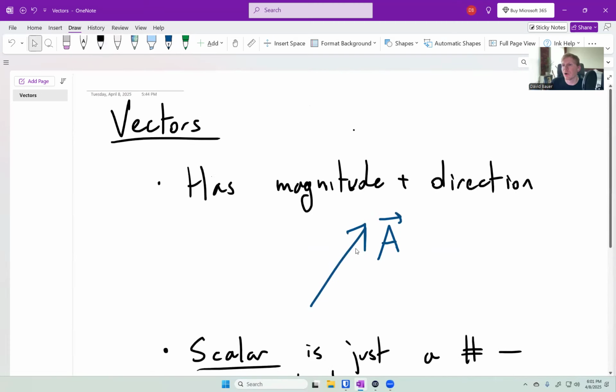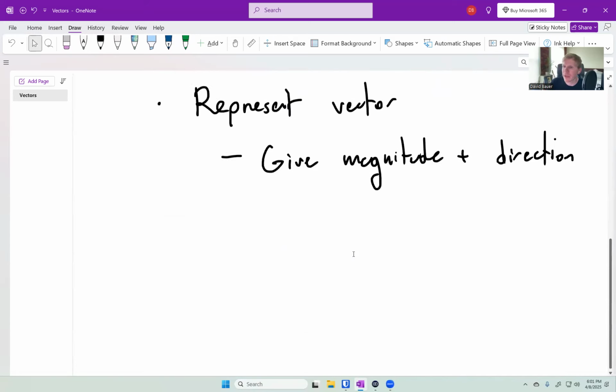I should mention, when I say that we're representing a vector by an arrow like this, the magnitude is represented by the length of the arrow. The magnitude of the vector is like the amount of whatever quantity we're looking at, and the direction of the vector is just the direction of the arrow. Okay. All right, so we give the magnitude, we give the direction.